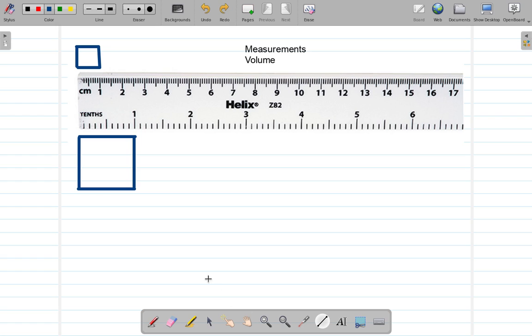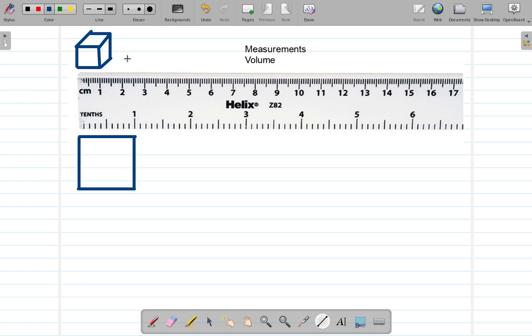Now, let us look at volume. Let us say we still have this block or this square, and we add the third dimension to it. You have width, height, and length. Each is 1 centimeter long. You notice what we have here is a block, a box.